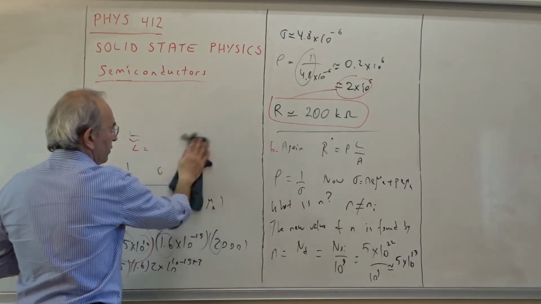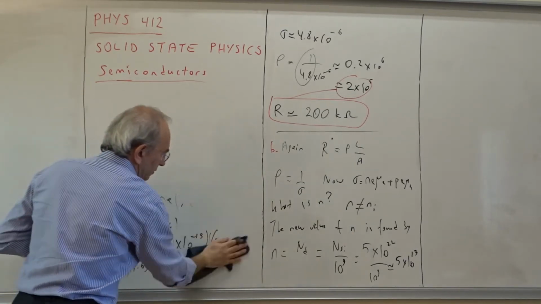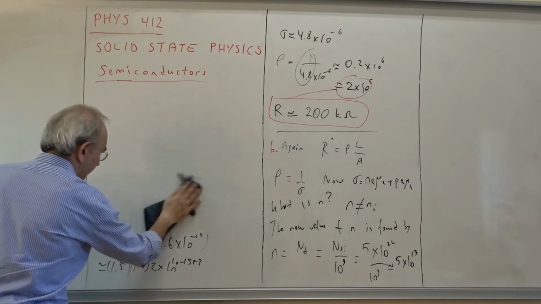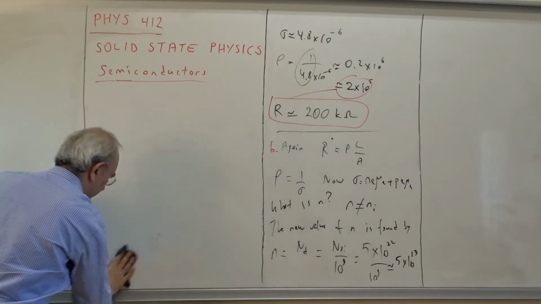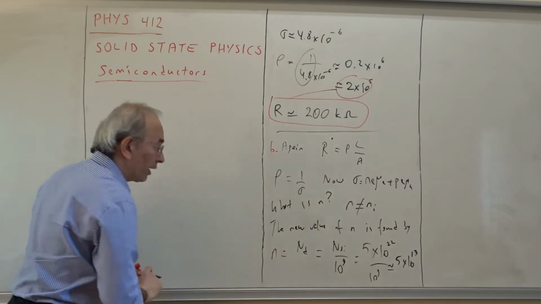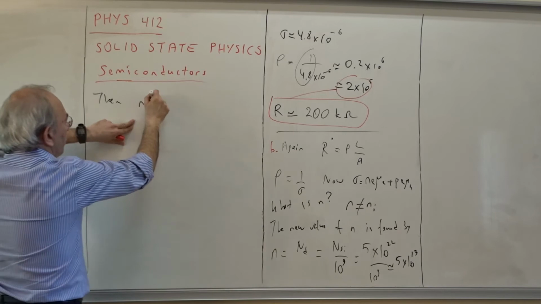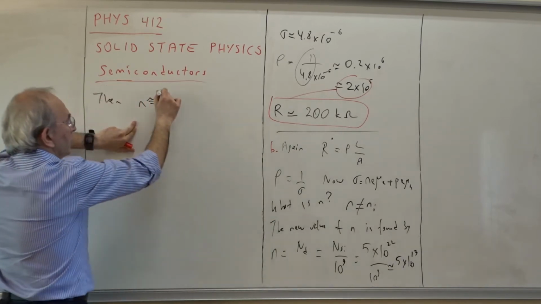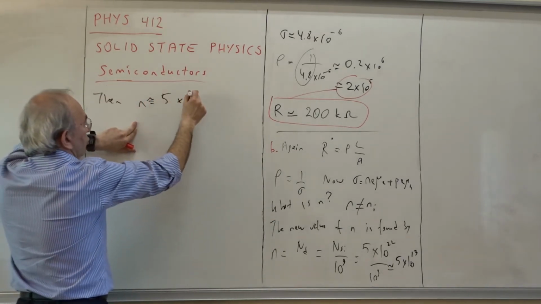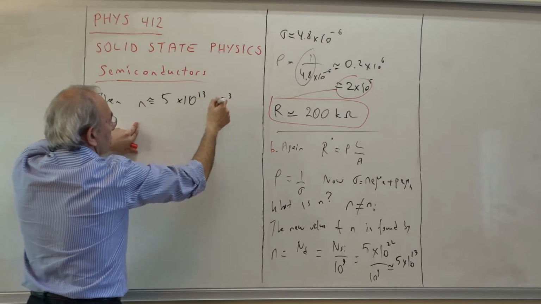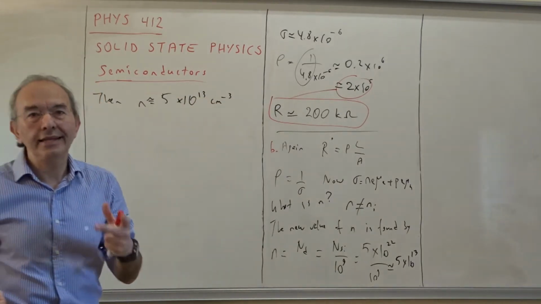Now we will find the calculations. Alright, then N turns out to be approximately 5 times 10 to the 13. Of course, the units are per cubic centimeter.